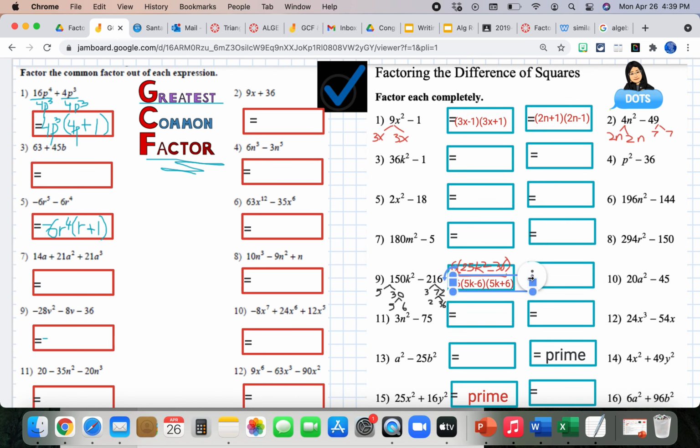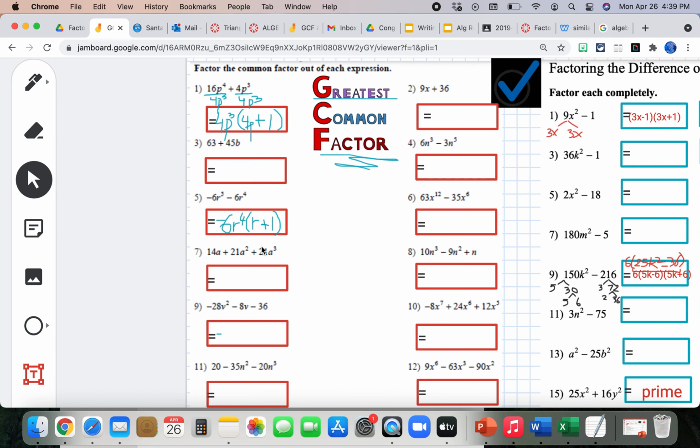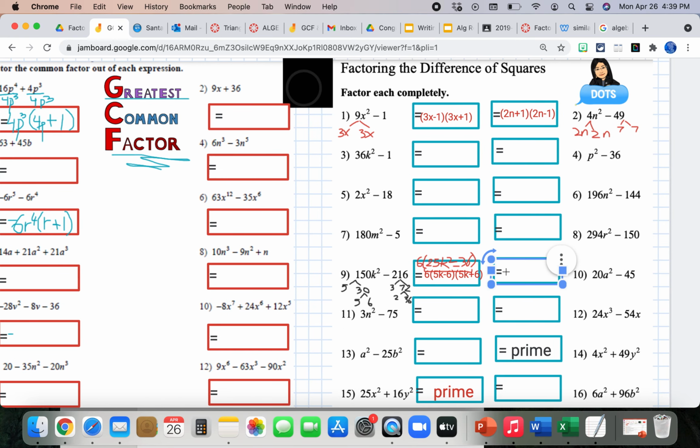It didn't let me type earlier. Okay, I think I know what I did. I need to actually select this arrow and then I can type it in here. Okay, now it let me type.